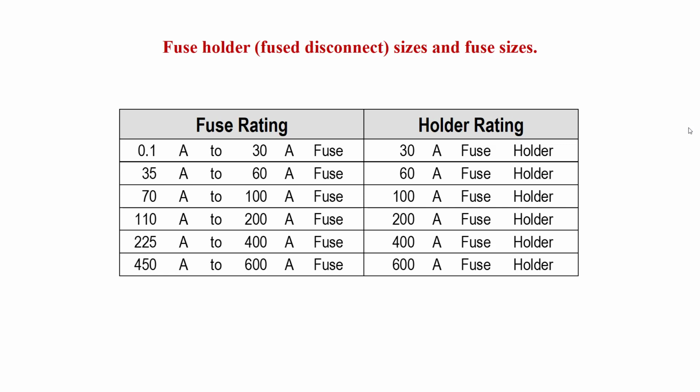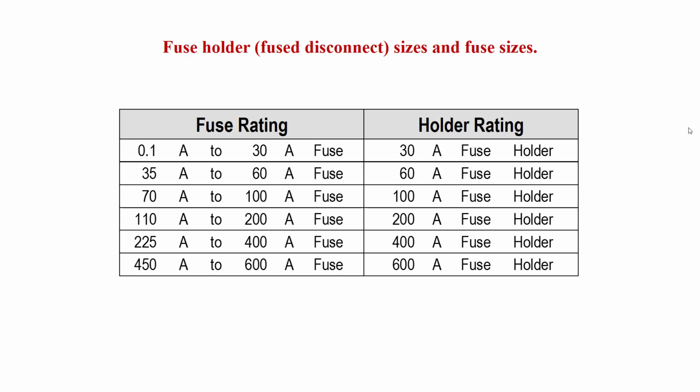Now, in order to understand 14-100(b), we also have this chart, and this chart is not found in the code book. It is the size of fuses that you're installing and what size fuse holder rating you would have to purchase and install. From 0.1 amp to 30 amp, I'd have to purchase a 30 amp fuse holder, so they'll fit in there.